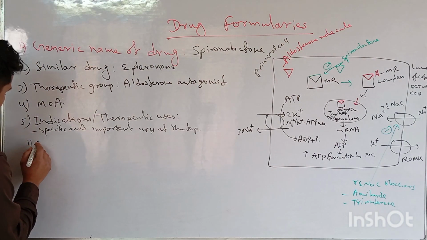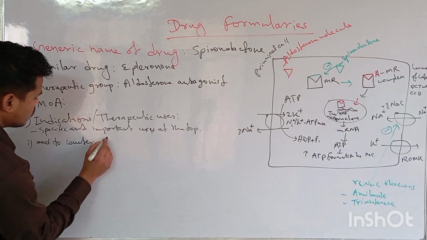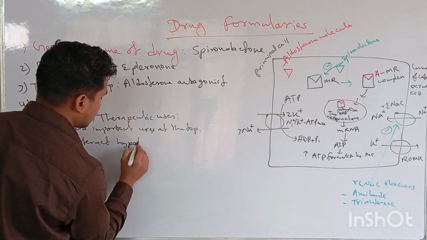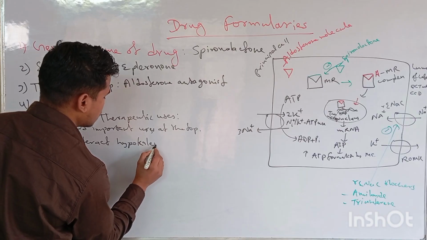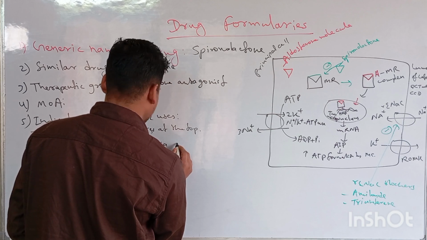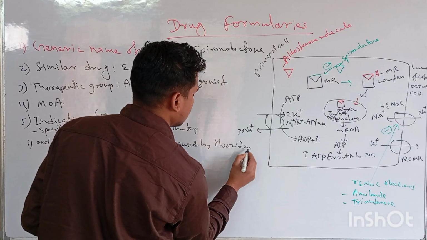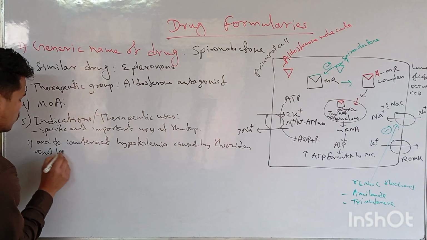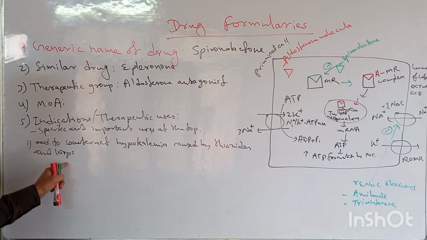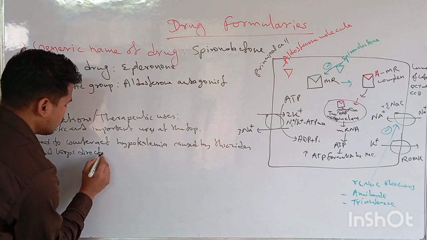It is used to counteract hypokalemia caused by thiazides and loop diuretics. I have talked about how this is caused, hypokalemia by thiazides and loop diuretics, in the diuretic lecture. So you can refer to that.